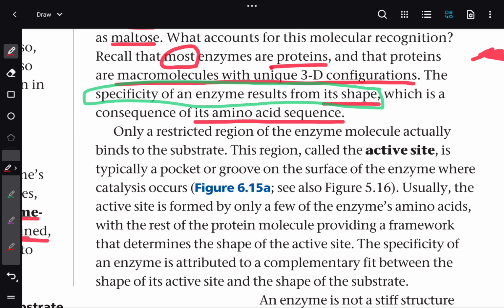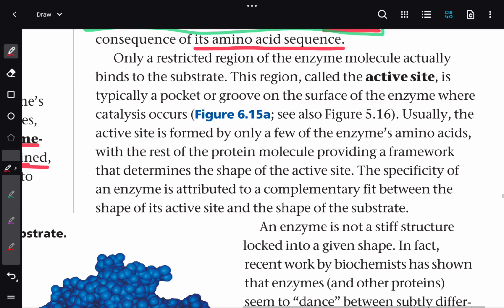Now, only a restricted region of the enzyme molecule actually binds to the substrate. This region is called the active site of the enzyme.